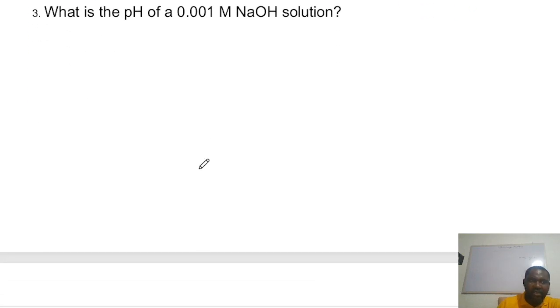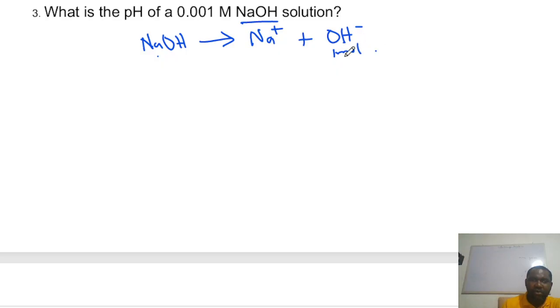Now the third question says, what is the pH of a 0.01 molar sodium hydroxide solution? Now sodium hydroxide is a base, not an acid, so I cannot find the pH of sodium hydroxide directly. I can only find the pOH, because sodium hydroxide contains OH and we have just 1 mole.